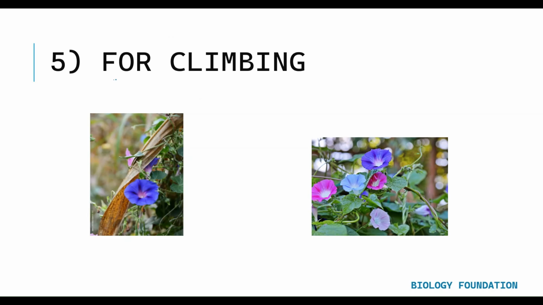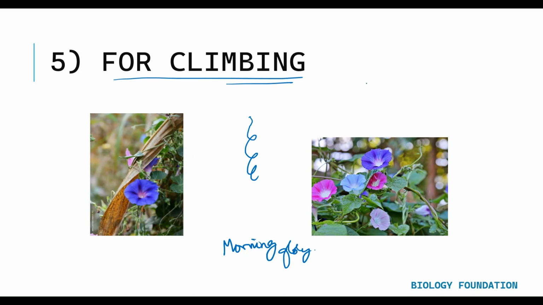For climbing, in some members, like you can see here, morning glory. Both these pictures are of morning glory. In these, what actually happens is the main stem itself twines around the support, unlike tendrils, which are modifications of auxiliary bud. Here the main stem in the plant itself takes support of the other plants.